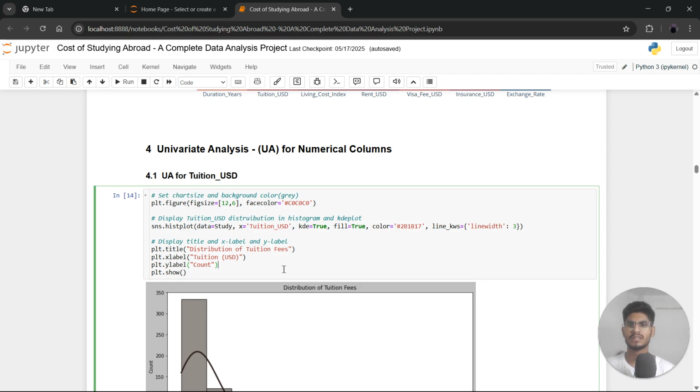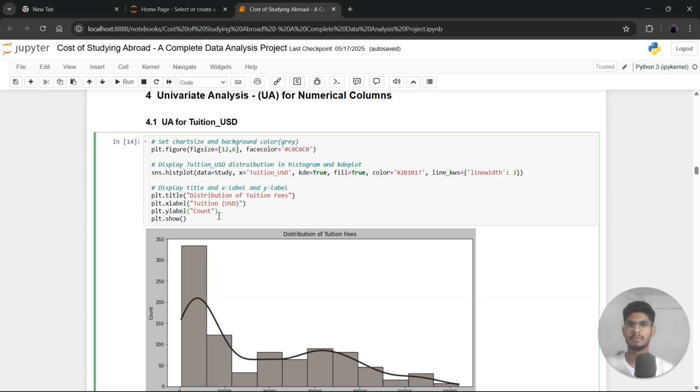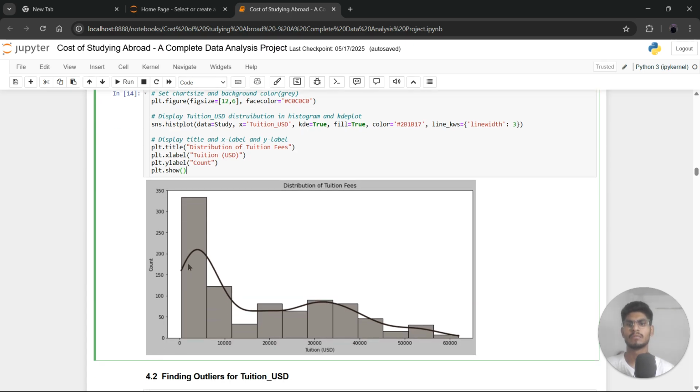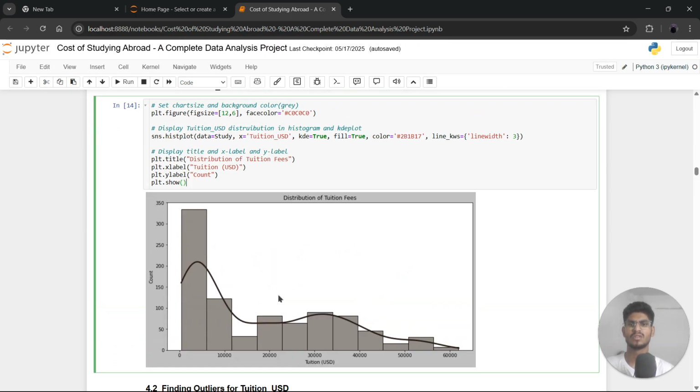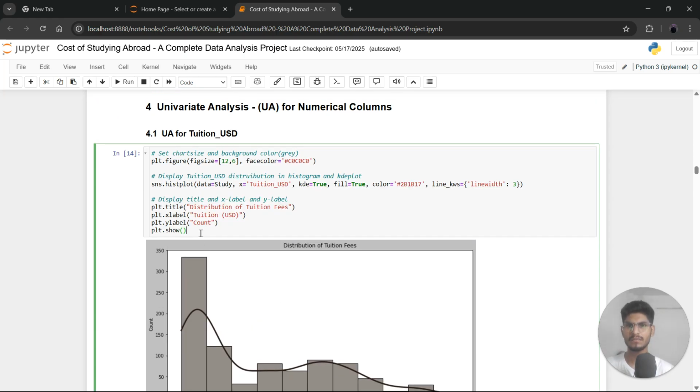Generally we do the analysis with a single column. So we will be knowing more about each column with the help of visualization or so many other things.